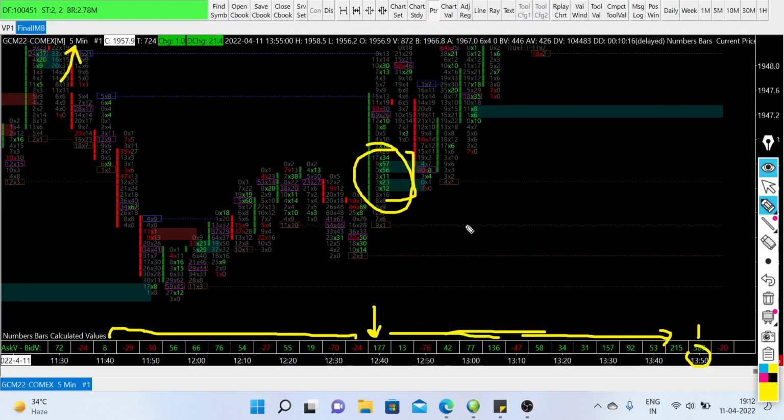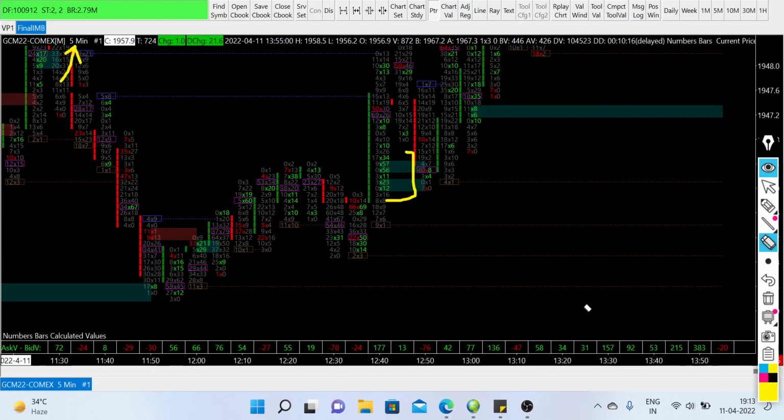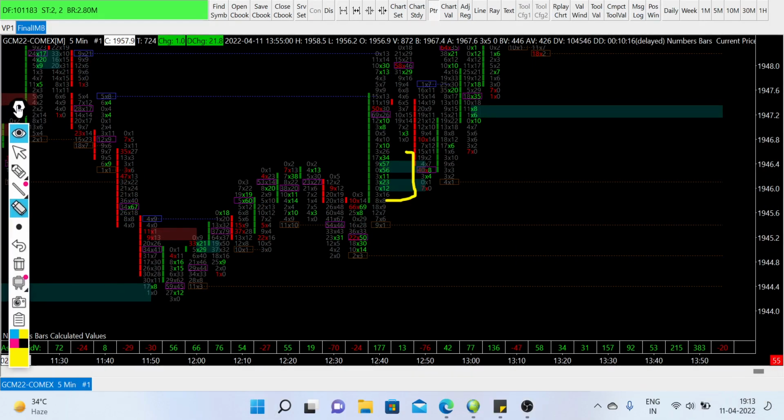Let's check how price behaves after this movement. Let me scroll the chart for you so that you get a view of how the chart behaves after this buying imbalance and this positive delta.